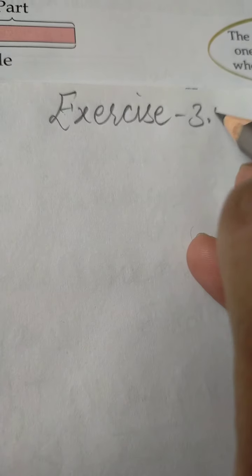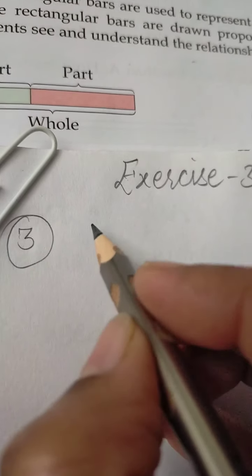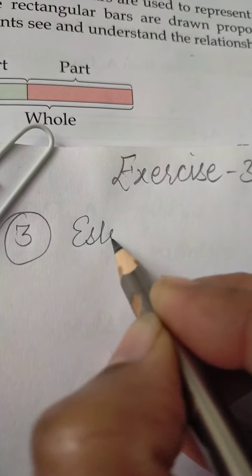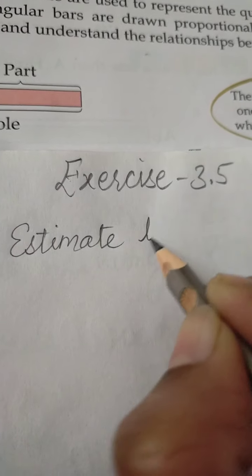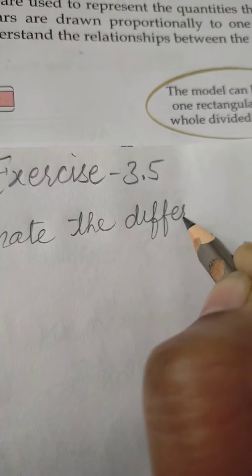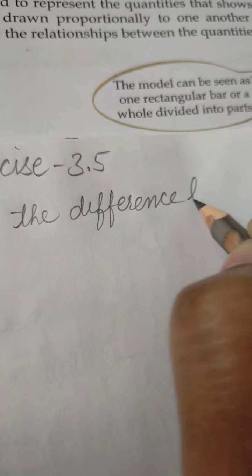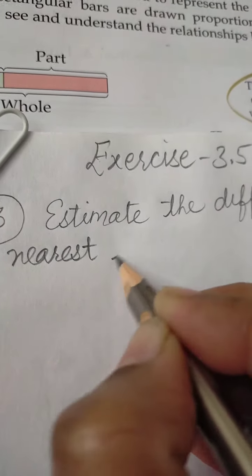See, this is exercise 3.5, sum number 3. Firstly we have to estimate the difference to the nearest tens.